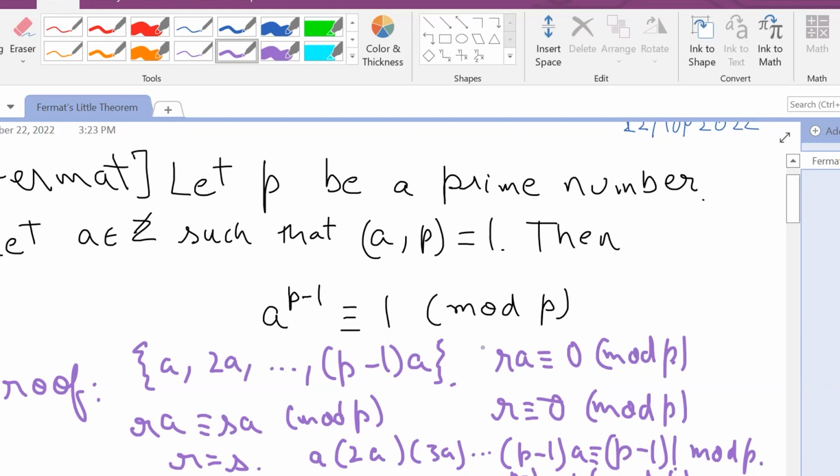So if you wish to look at another treatment of this proof, I would recommend that you refer to VSSP 2021, a talk by Anthony Ghosh on Fermat's theorem.